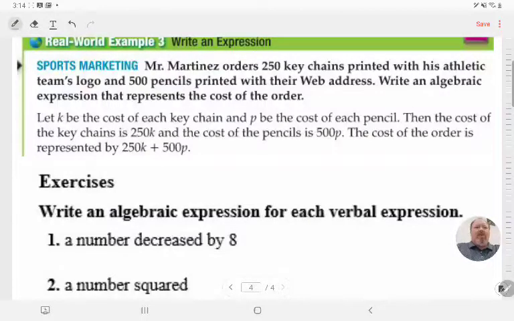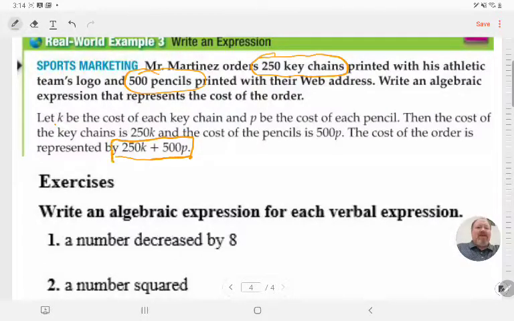Now we know that we could set K to the cost of each keychain and P to the cost of each pencil. And I know I have 250 keychains and I have 500 pencils. So to get the total price, I'm going to add what I spend on both of those together. So I could say 250 times K plus 500 times the price of pencils.